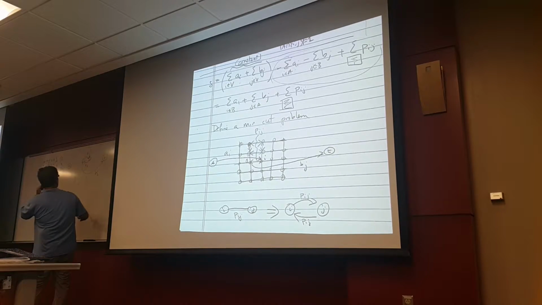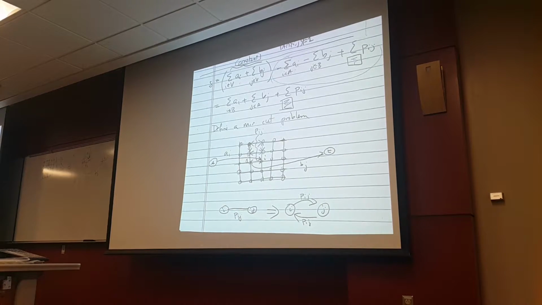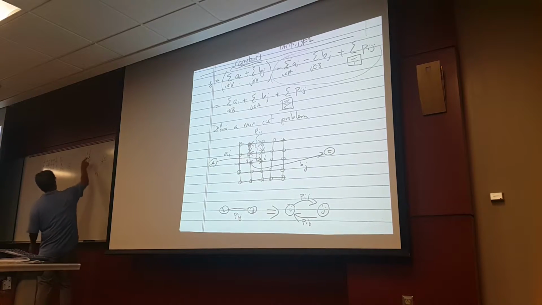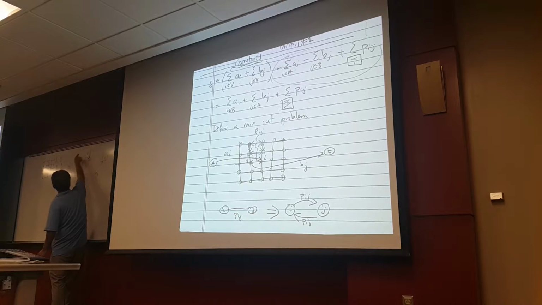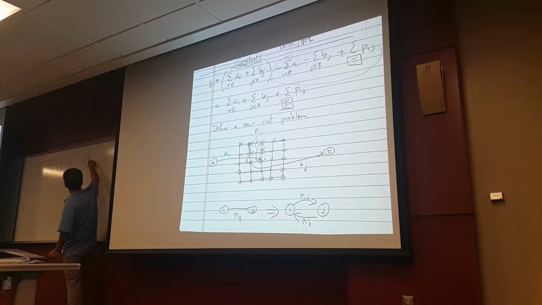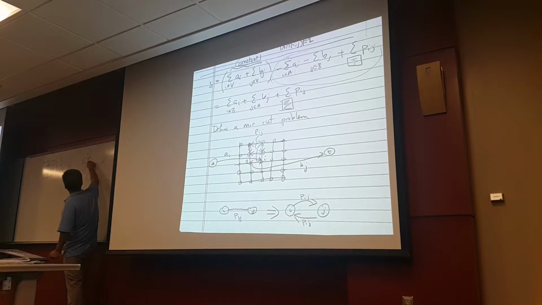Okay, so let's see, do I have this right or not? Let's say Pij, Ai. Oh yeah, so there's the B side. What happens then is, first of all, what's the contribution of this pair to the value of the capacity of the cut? Well, one contribution comes from this edge, which is an edge from the source to a node that is in the B side.